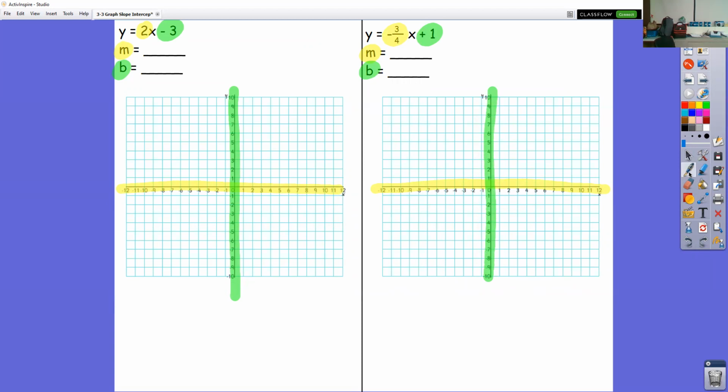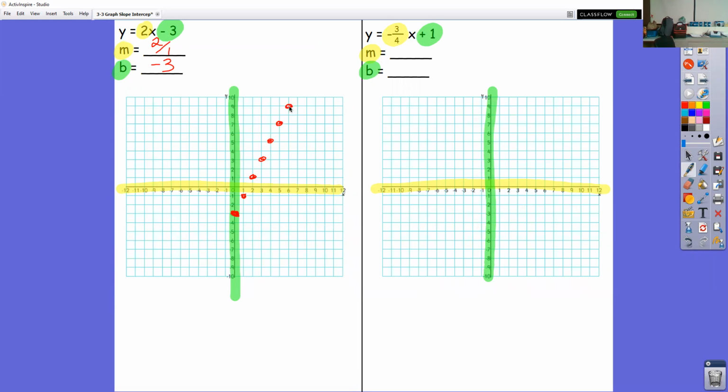Okay, so once again, the slope would be 2, which would be a rise of 2 and a run of 1, and a y-intercept of -3. So it crosses the y-axis at -3, and then we go up 2 and 1 to the right. And we just keep counting up 2 and 1 to the right.